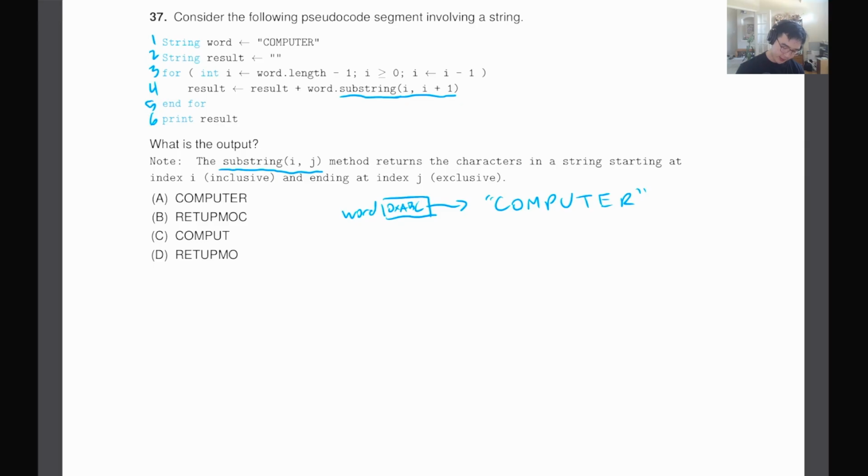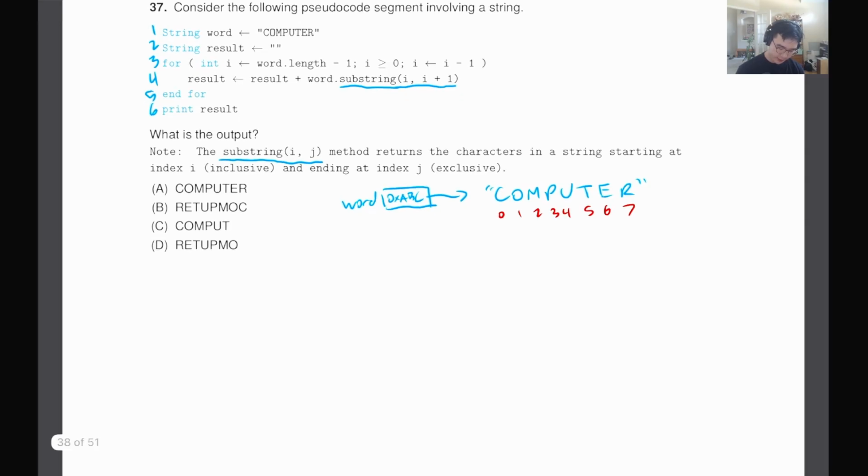And I'm just going to go ahead and write the indices right now, because I know I'll need it later. And I have this string result, which is blank so far. And now I have a for loop. Awesome. So I'm going to draw my table.